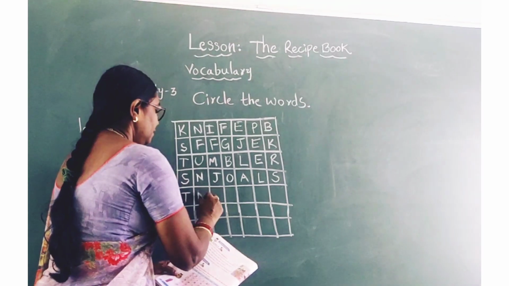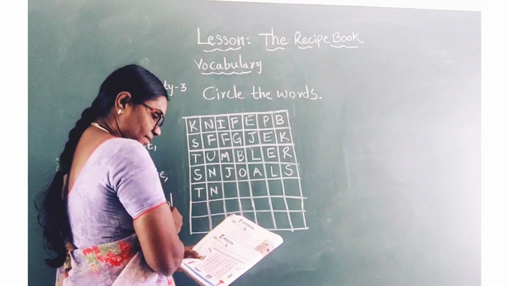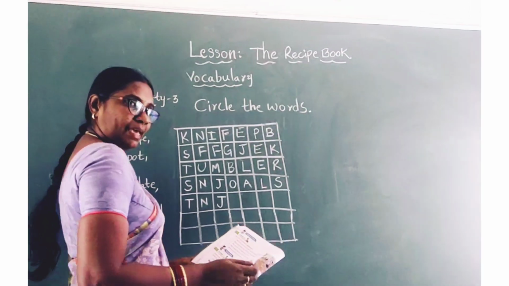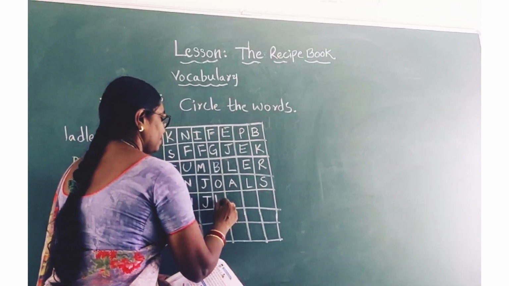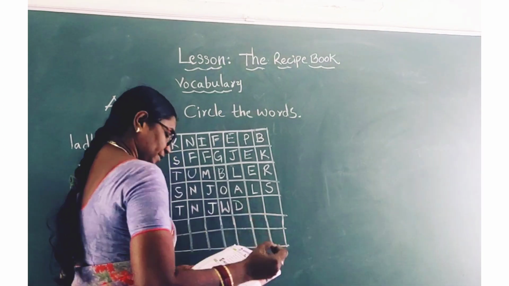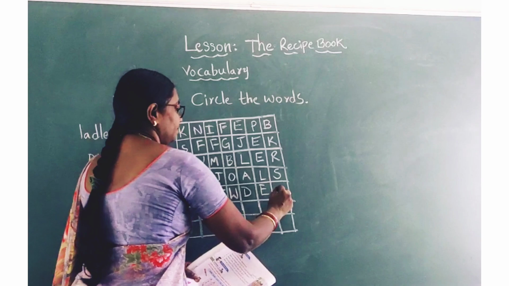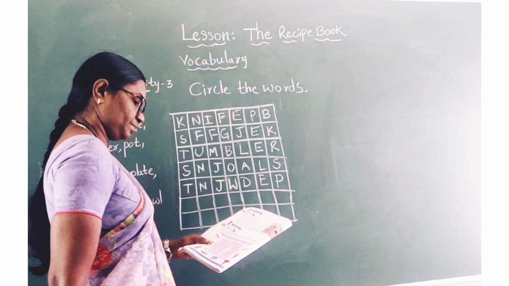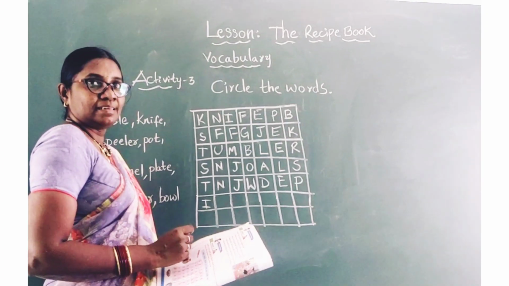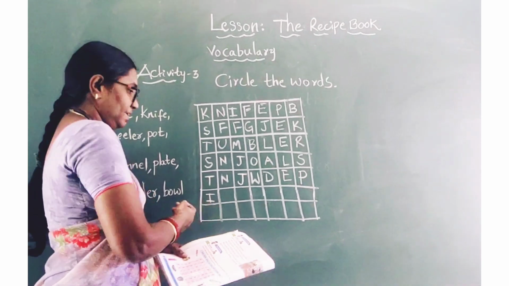Do you want me to read the letters? Okay, I start. T and... tell me, you also tell me, okay? Yes, J. Yes, W. Very good. D. E. P. Right? And what is this letter, Nandini? T. I. Very good.